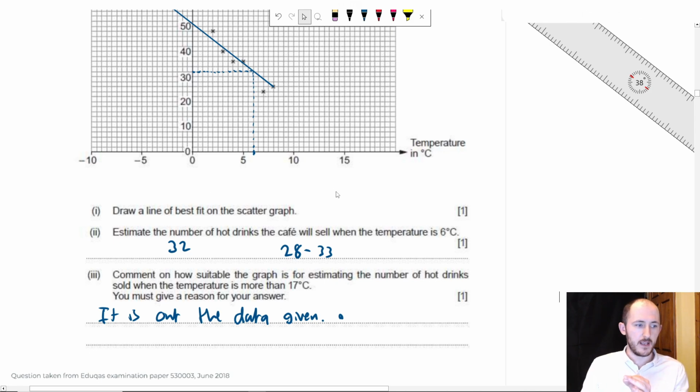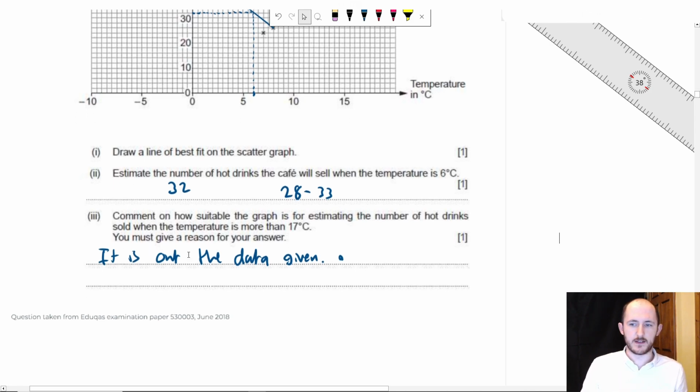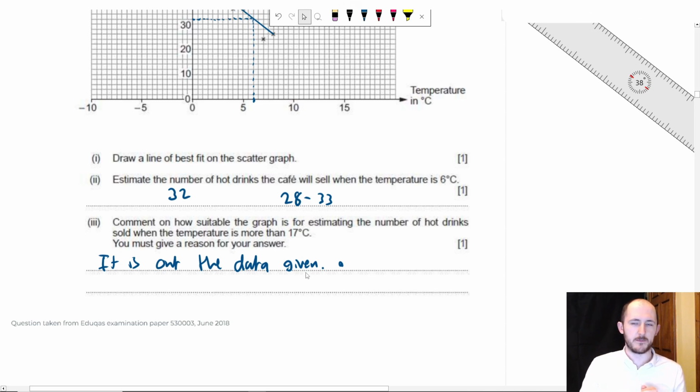So you can literally rewrite this sentence for any one of these questions and you'll get marks. You don't need to think of anything else. That's why I like it, because I'm lazy. If I can just remember this one thing, boom, 1 mark free every single time.